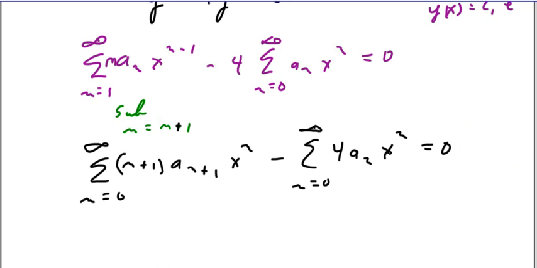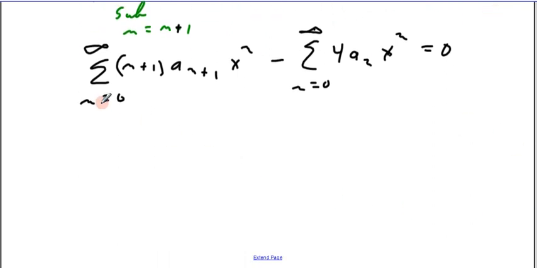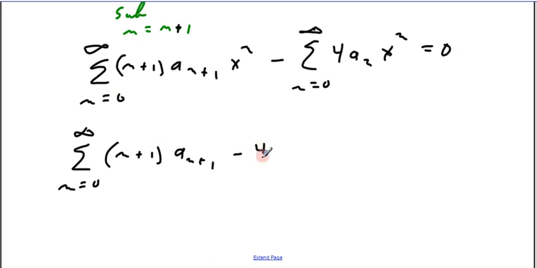Okay, now I have the summation going 0 to infinity in both cases, so I can write it summation n equals 0 to infinity. I have n plus 1, a n plus 1 minus 4 a n, x to the n is equal to 0.